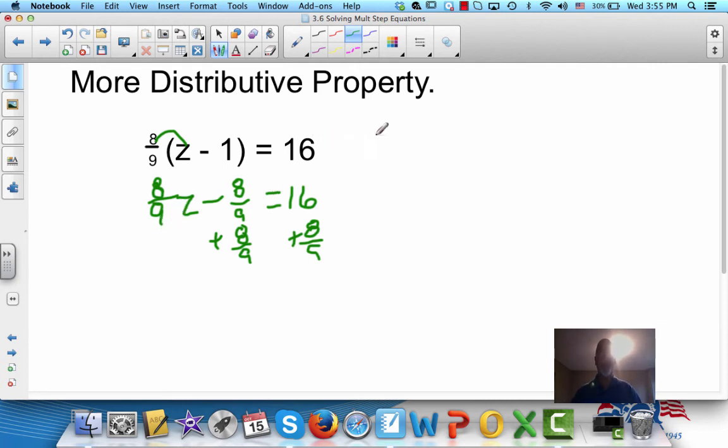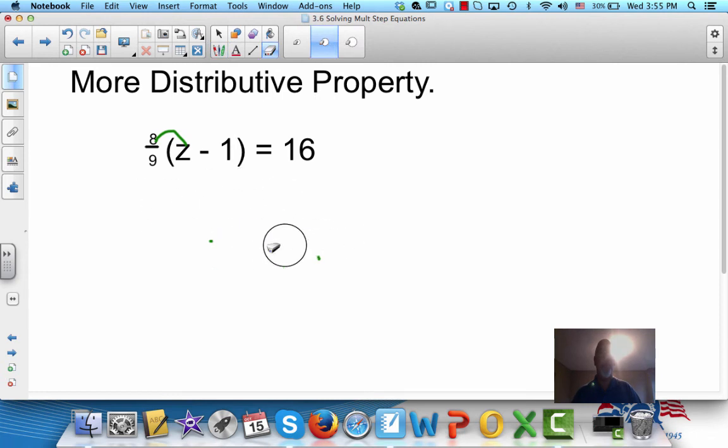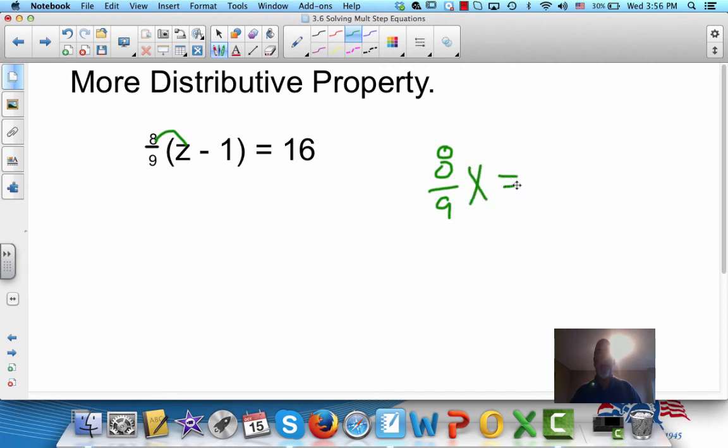The shortest way to do this, let me erase this. The shortest way to do this one is this. If you had 8/9 x equals 16, the way you would solve it is multiply by the reciprocal on both sides.